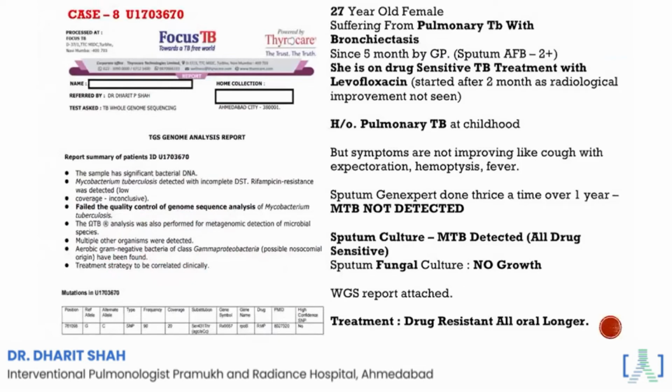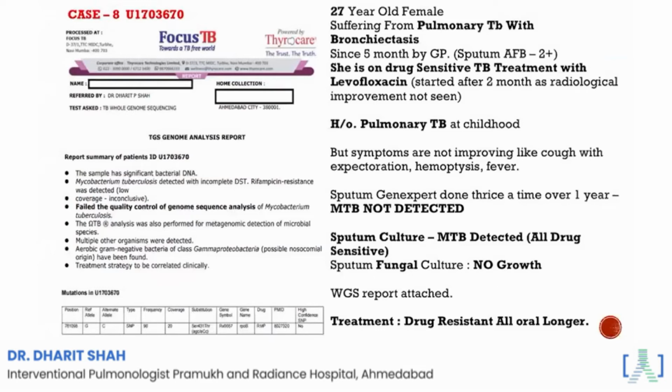So this is the trend that the patient might have drug-resistant tuberculosis, but as per the history, she has been on levofloxacin for 3 to 4 months. I directly started the patient on all oral longer regimen, and within 15 to 20 days, every symptom was gone.